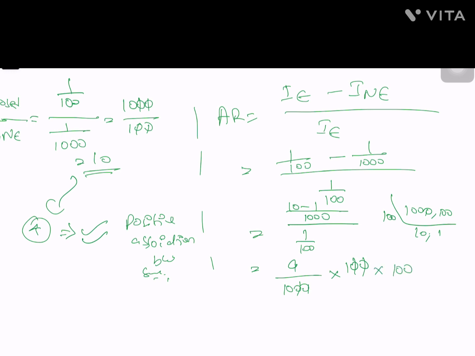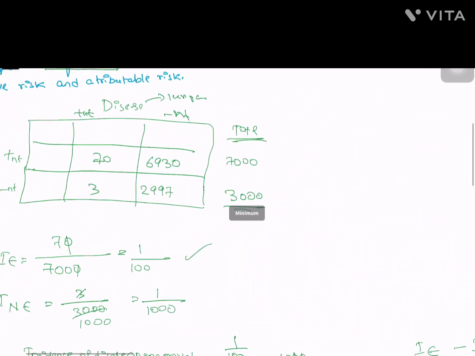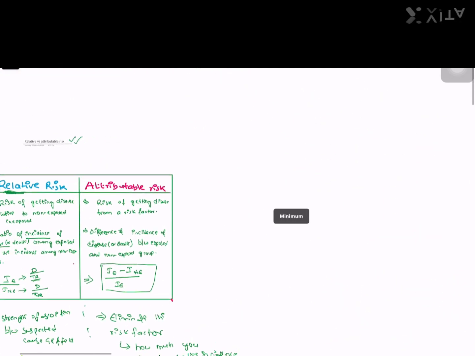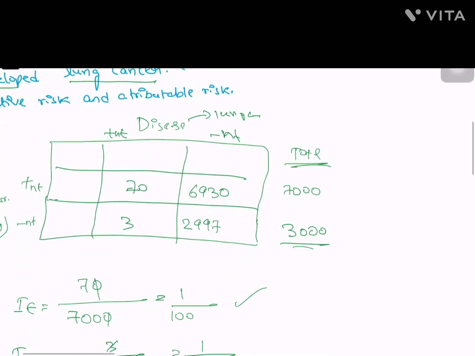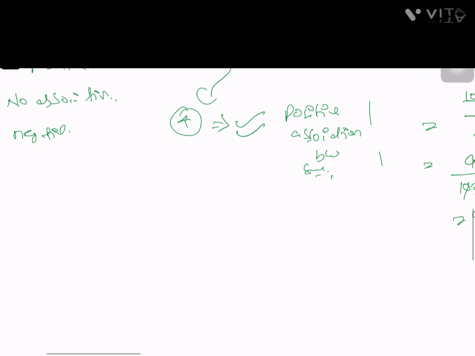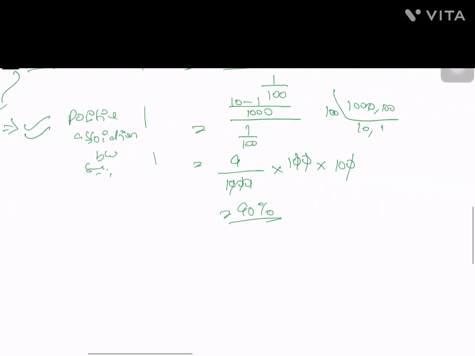We should always calculate attributable risk in percentages, so the formula is multiplied by 100, because it is always in percentages. So we got 90%.